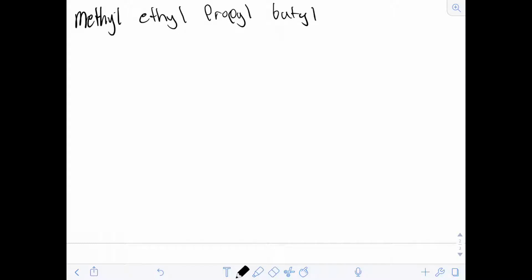So remember, we're naming alkanes here. So really, we're just going to take the ane and we're going to slap it on the end of the methyl. And that'll give you that known structure of methane, which is a single carbon.